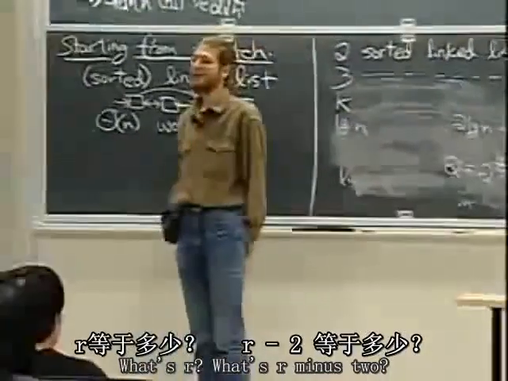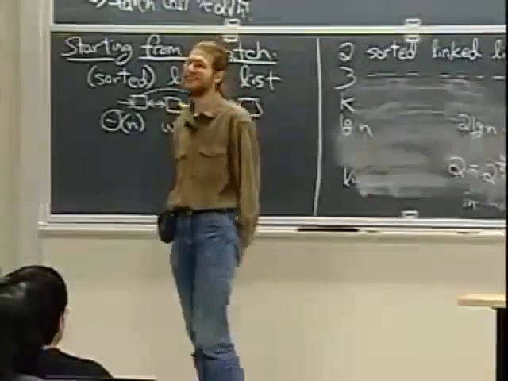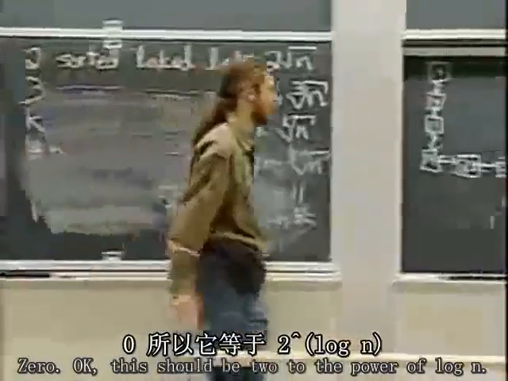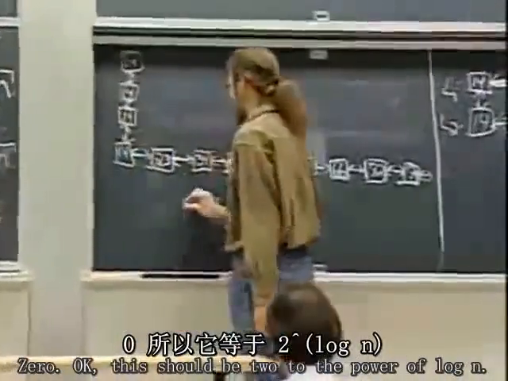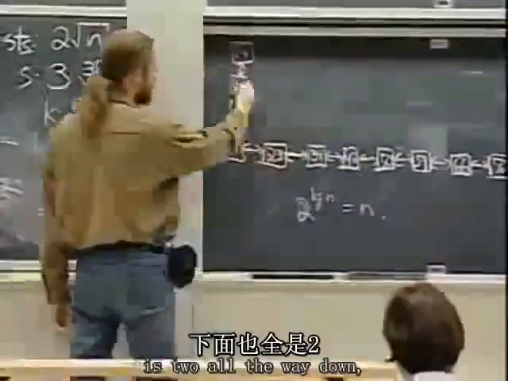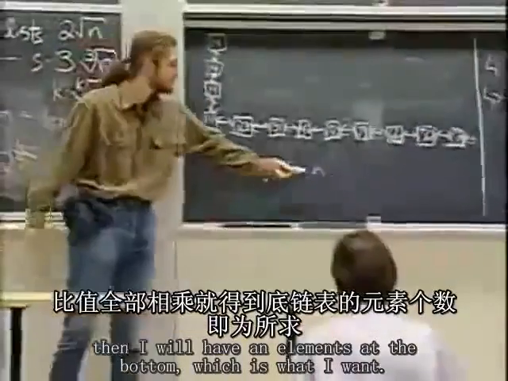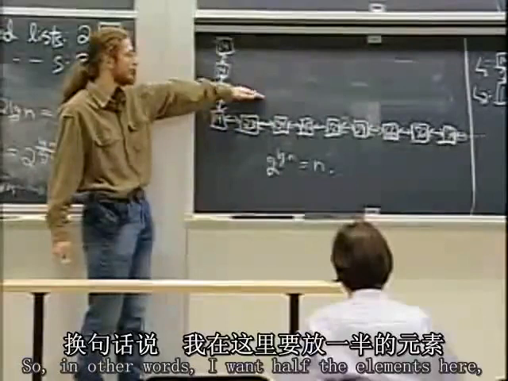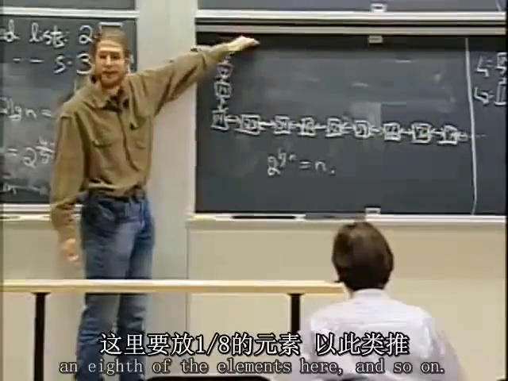What's r minus 2? 0. This should be 2 to the power log n. So if the ratio between the number of elements here and here is 2 all the way down, then I will have n elements at the bottom, which is what I want. So in other words, I want half the elements here, a quarter of the elements here, an eighth of the elements here, and so on.